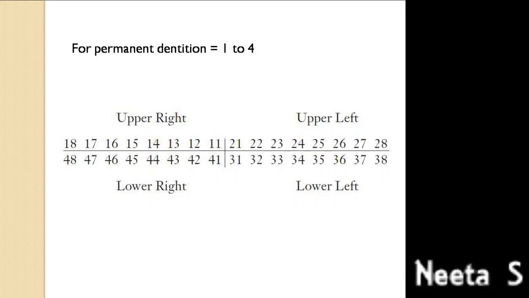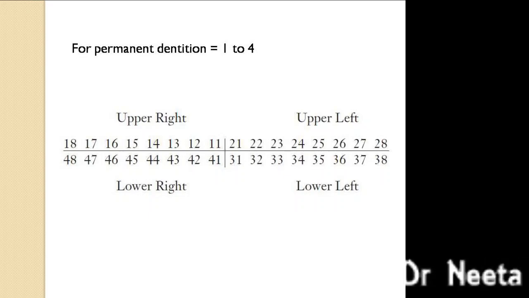So if I'm writing 1 1, it will be permanent maxillary right central incisor, and if I'm writing 1 8, that means your permanent maxillary right third molar, whereas 2 1 will be permanent maxillary left central incisor. So it will be 1 1, 1 2, 1 3, 1 4, 1 5, 1 6, 1 7, 1 8 for the maxillary permanent right side.